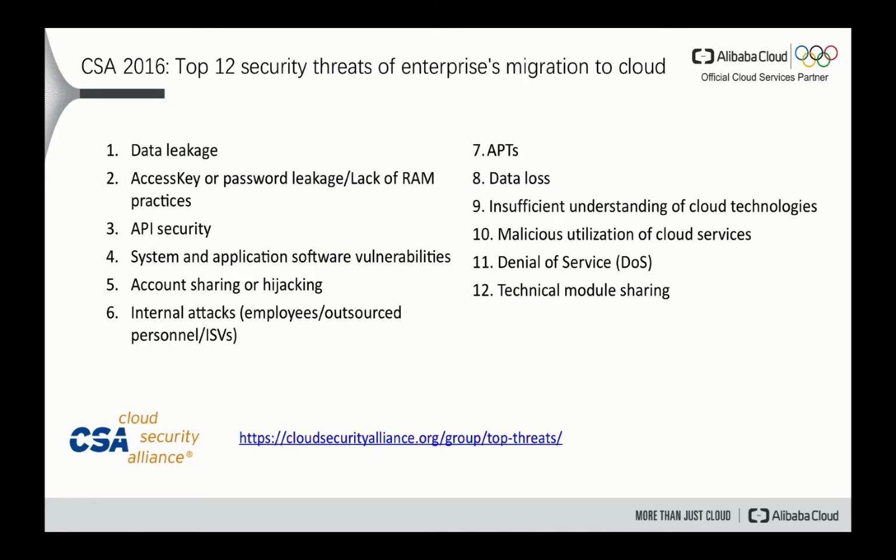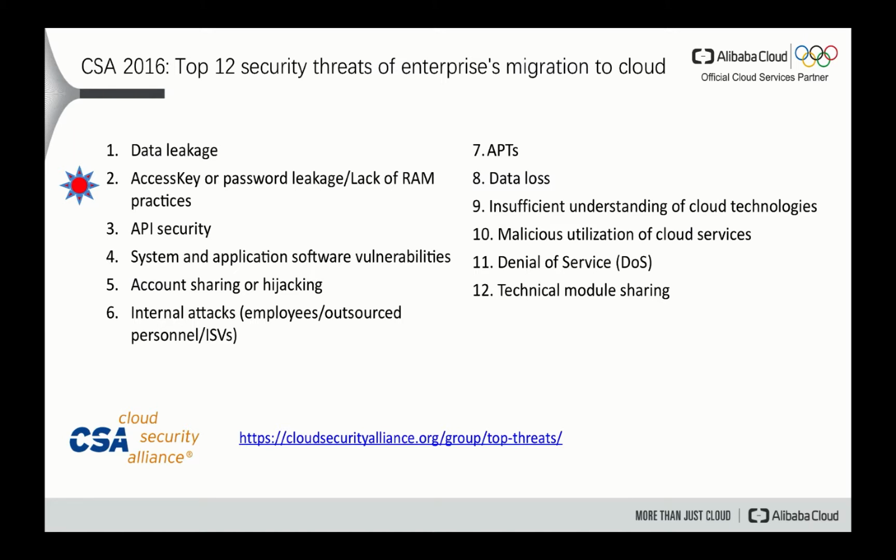This page shows the top 12 security threats from enterprise migration to cloud. The data was given by CSA, the Cloud Security Alliance, in year 2016. You can see from the whole list of the 12 security threats, the first one is about data leakage, and the second one is access key or password leakage, a lack of RAM practices.